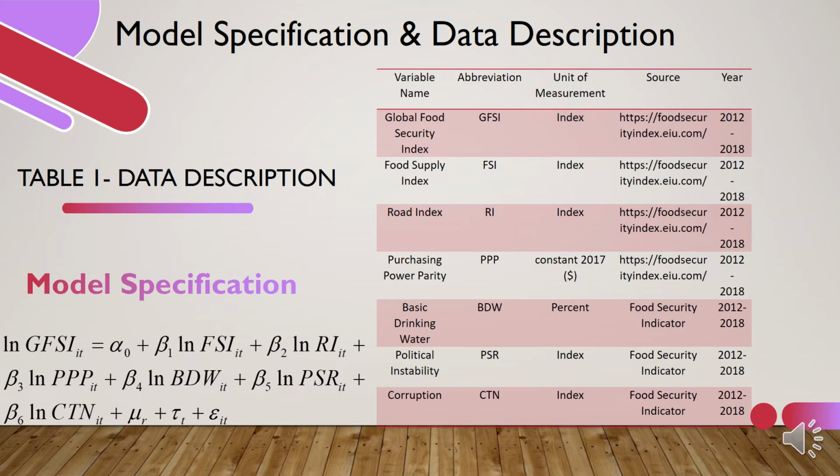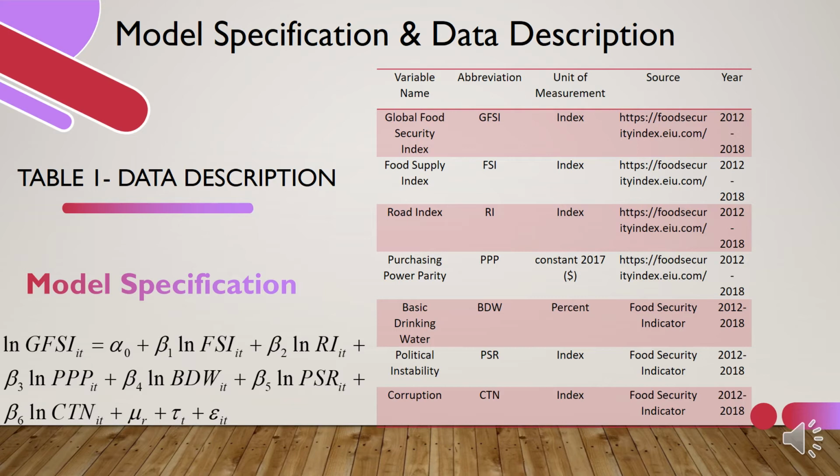We can see this is my model specification. The dependent variable is the Global Food Security Index, or GFSI. The dependent variable is food security, and as the proxy to measure food security, I use the Global Food Security Index, GFSI.